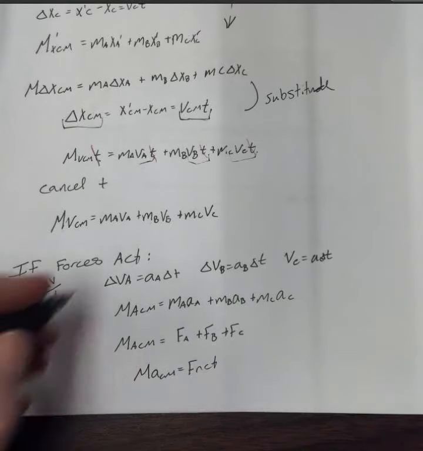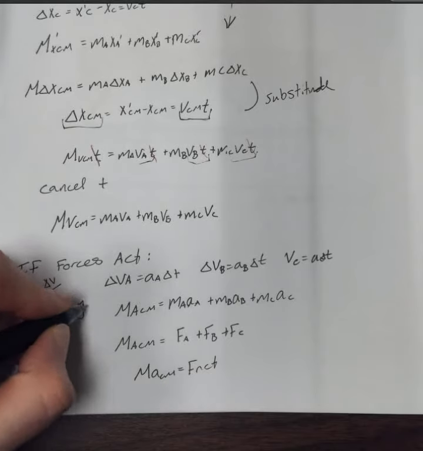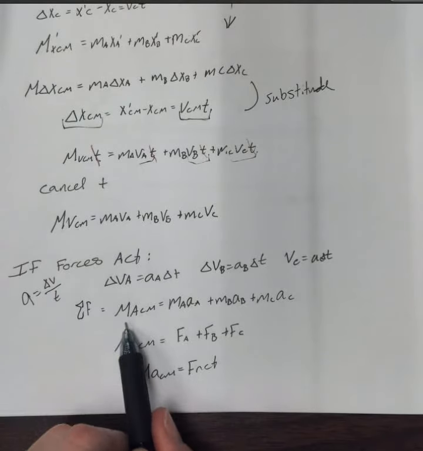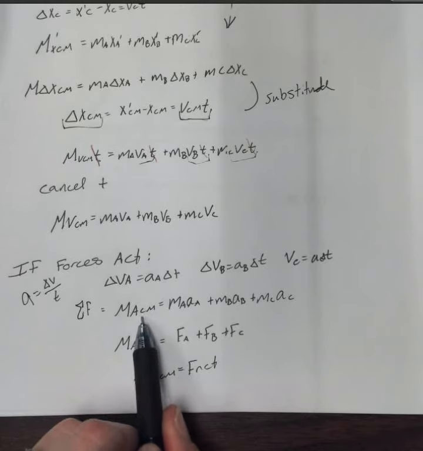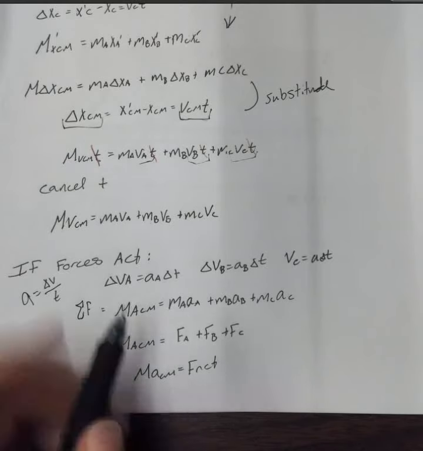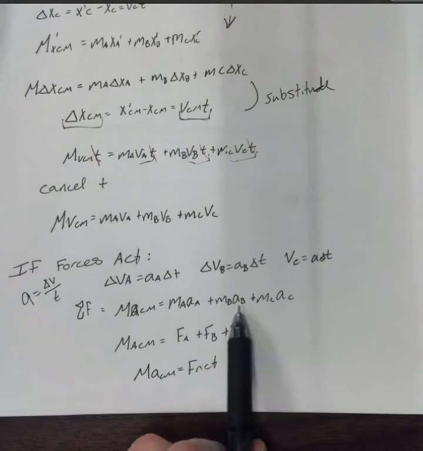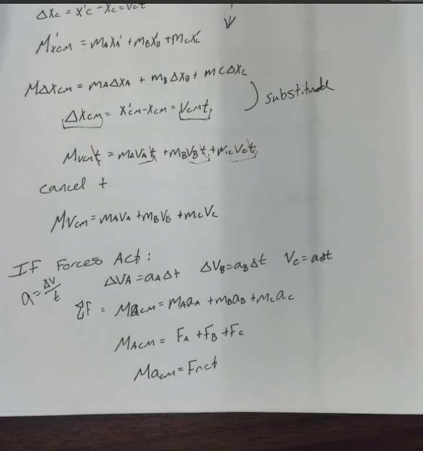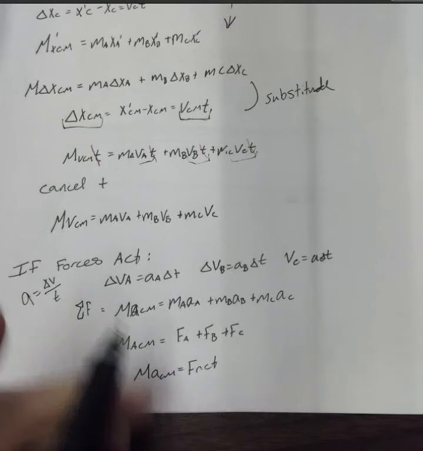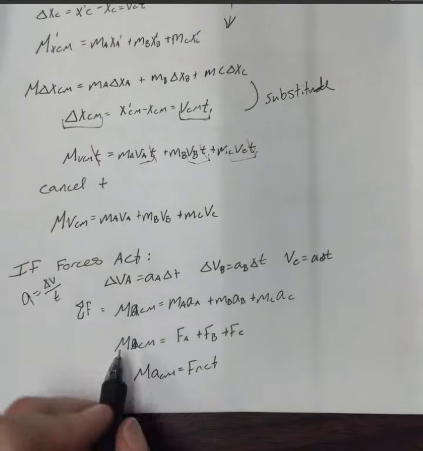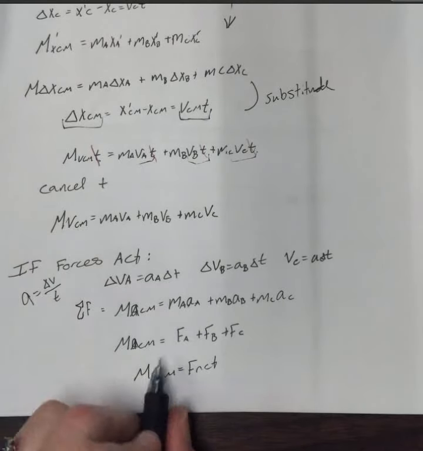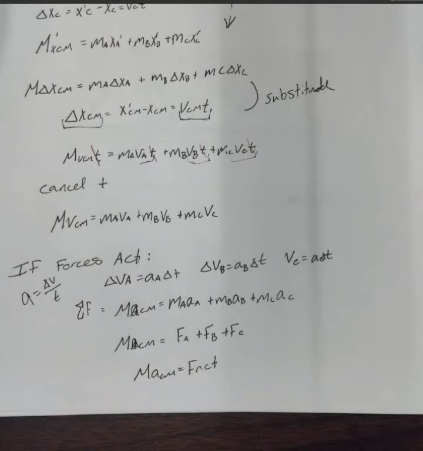So here, if we're doing the net forces, then you have the net force for the object's center of mass, mass times acceleration for the center of mass, should be equal to mass times acceleration for A, mass times acceleration for B, and mass times acceleration for C. And since mass times acceleration is equal to force, that means that the overall force, or net force, experienced by that center of mass is going to be equal to the sum of the forces experienced by all of them.